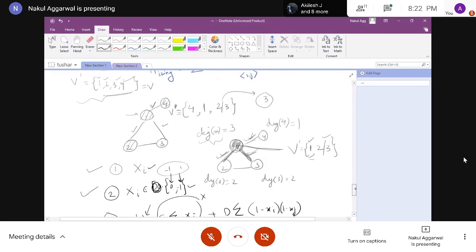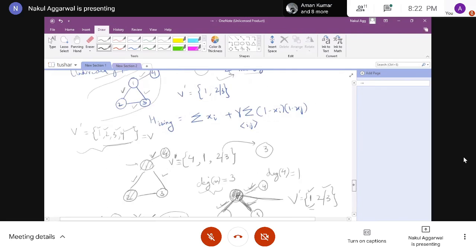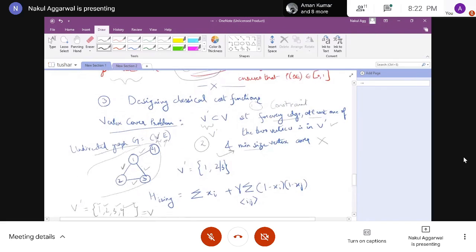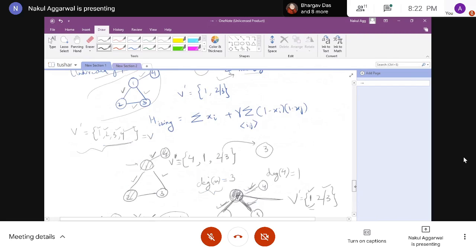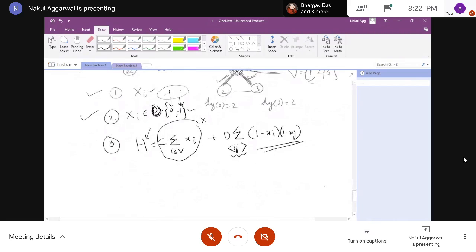Now, does this satisfy the first constraint, which states that for every edge at least one of the two vertices has to be in V prime? Remember, we want to encode our solution as the lowest energy, or the ground state, of H. So think of this as your ith node and your jth node. By node here I also mean a vertex. This is your edge.